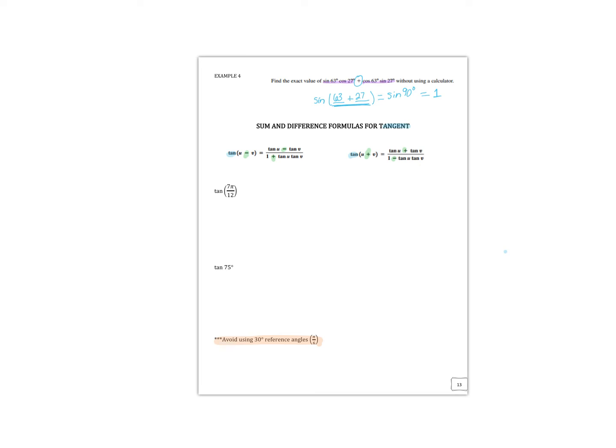But I'm going to show you one specifically where we use the 30-degree reference angle or a pi over 6, just so that you can understand why it's not ideal, because it just makes things a little bit messier. So you try to keep that in the back of your mind. For tangent problems, if you can avoid using 30 degrees or pi over 6, you want to. Or for that matter, any of the 30-degree reference angles, that means any of the something pi's over 6, right?